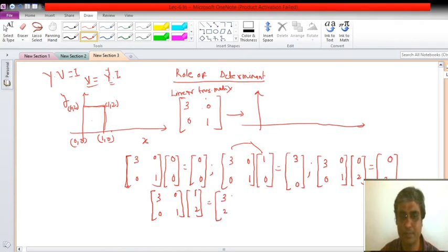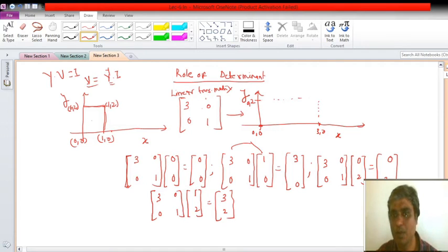Now let us plot this on the graph of x and y. The first point is 0 0, the second is 3 comma 0, the next is 0 comma 2, and the next is 3 comma 2.